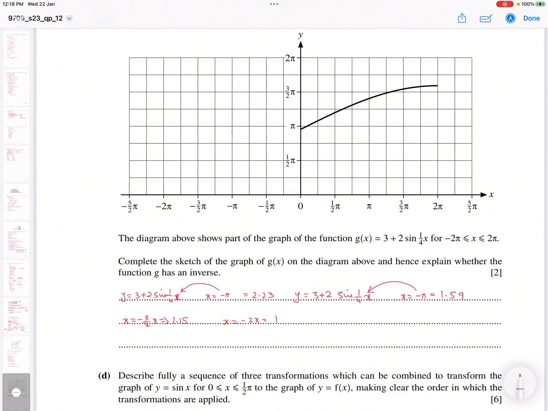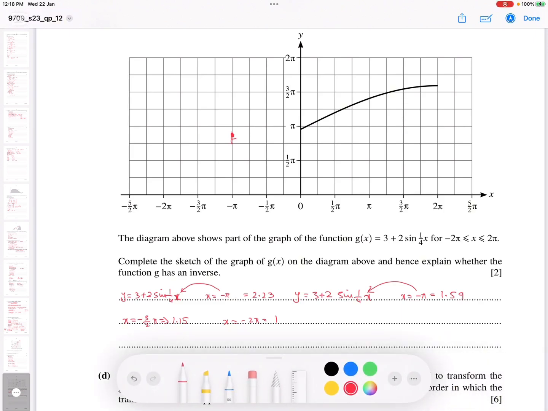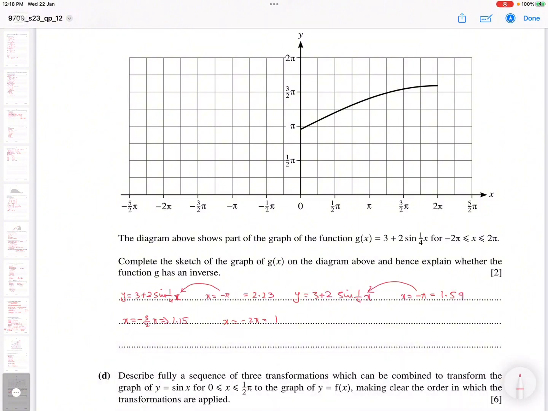Okay, let's start from 1. When negative 2 pi, it was 1, and it is just above here.